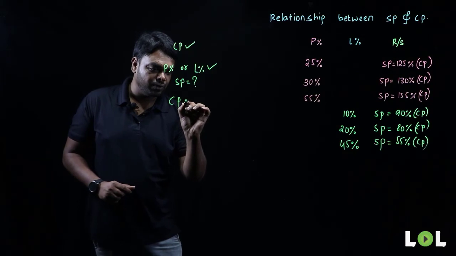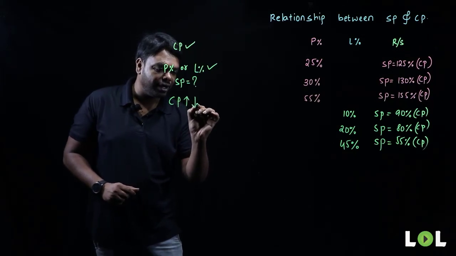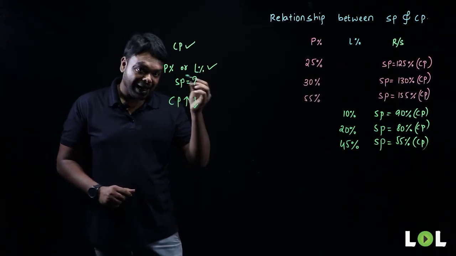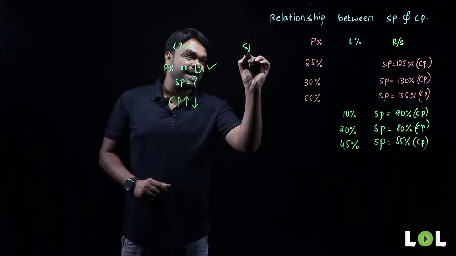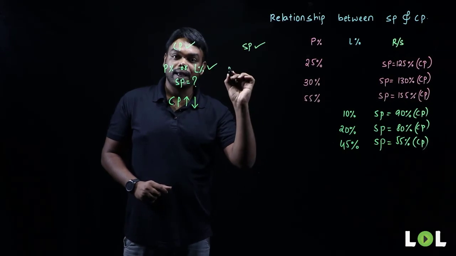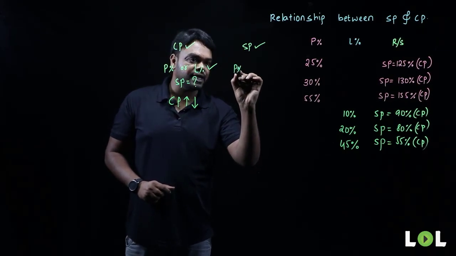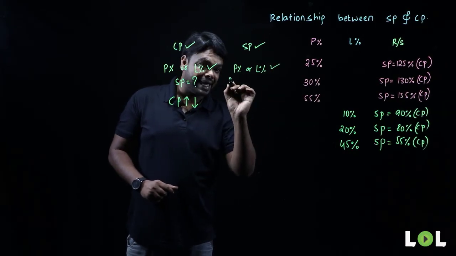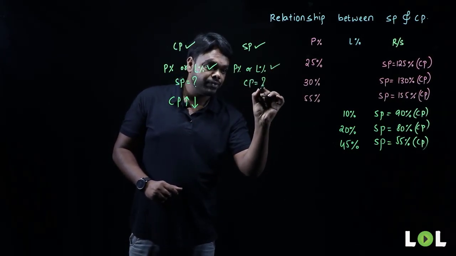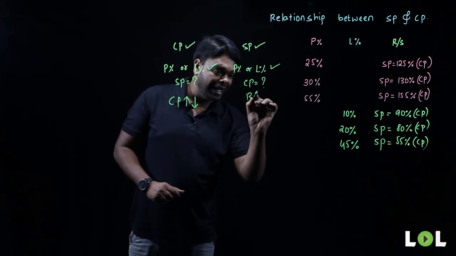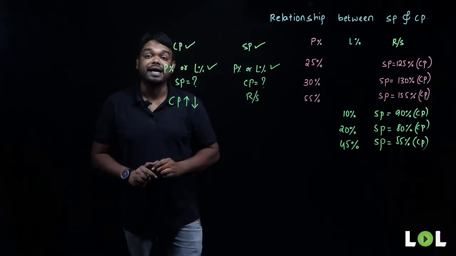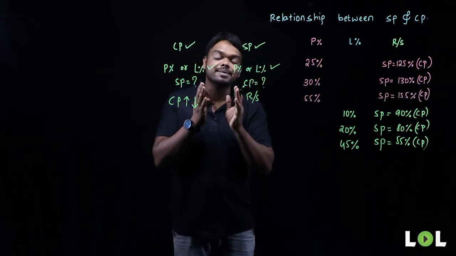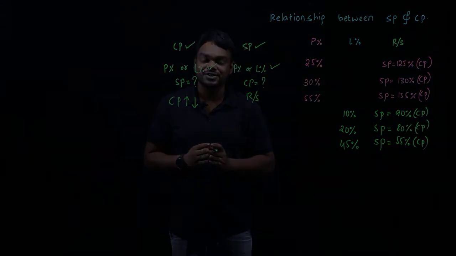Either you increase or decrease the cost price to calculate selling price. On the other hand, if selling price is given, profit percent or loss percent is given, and you are asked to calculate cost price, then you have to use the relationship between selling price and cost price. I hope you understood the complete mechanism of profit and loss from this.